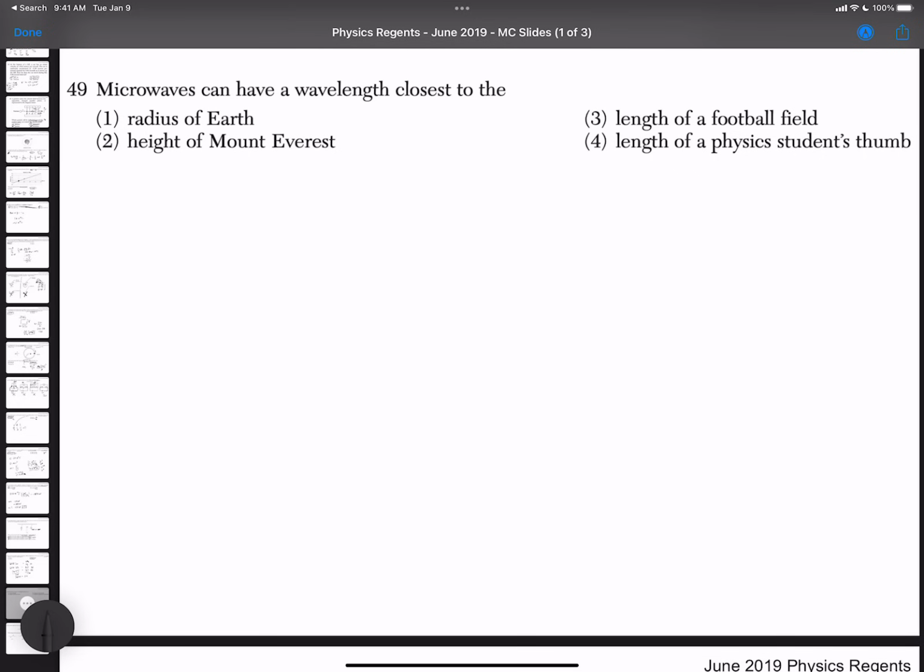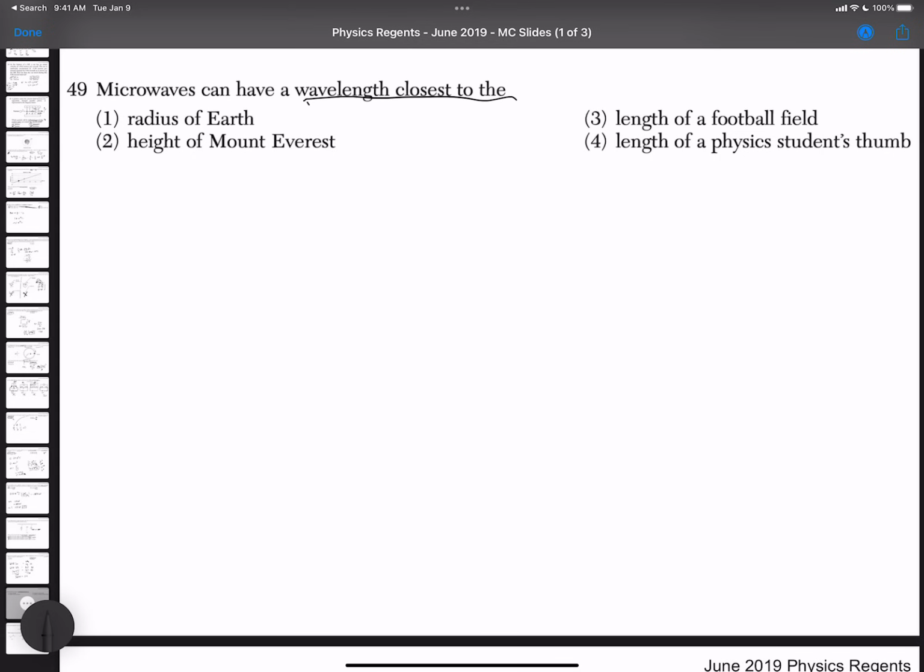All right. Question number 49. Microwaves can have a wavelength closest to. So in order to answer this question, we have to get an idea of what a typical microwave wavelength would be.